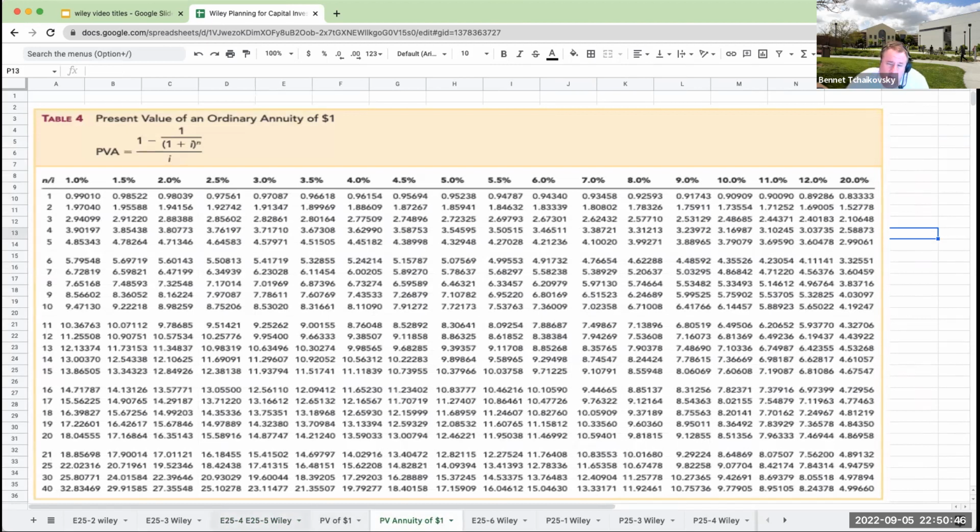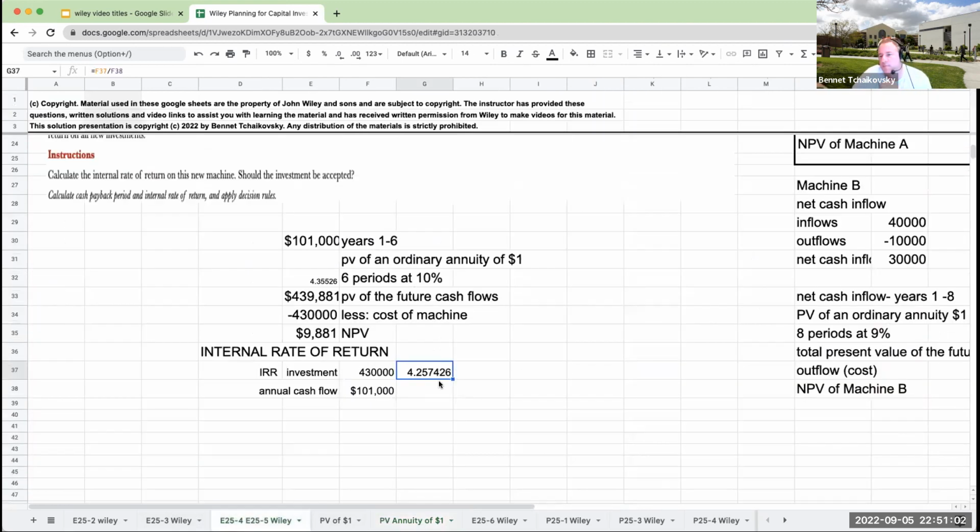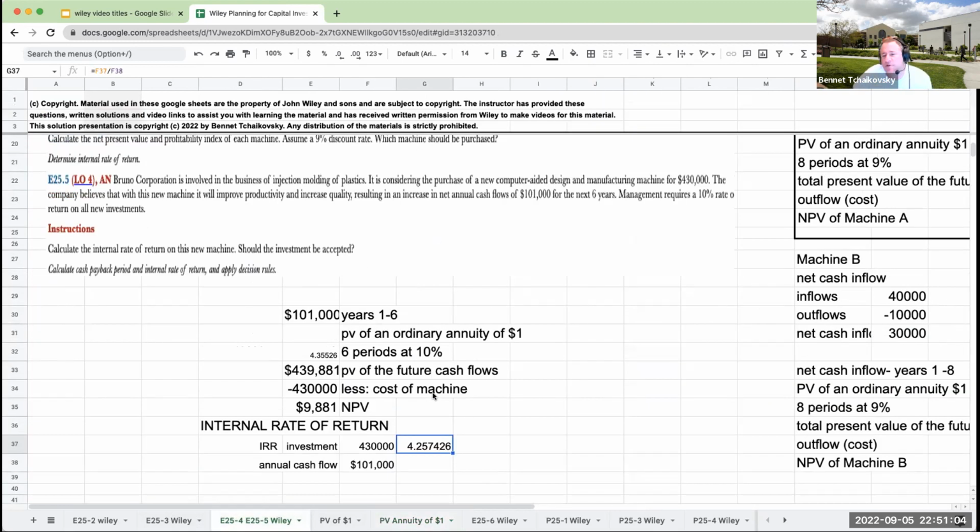So the internal rate of return, what makes the net present value go to 0, is going to be somewhere around 11%. Okay, and if they're required to have a 10% rate of return, you would go through and move forward with that project. So apologize for not doing that one the way that they wanted you to do it.